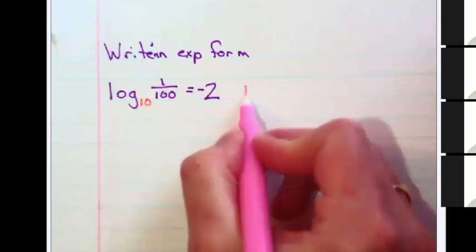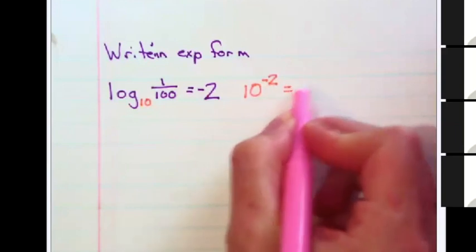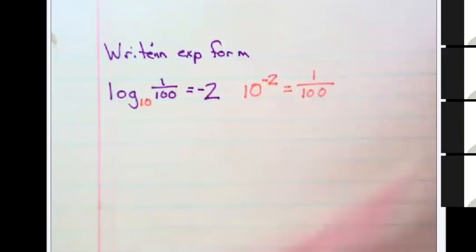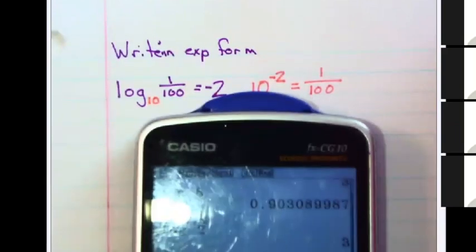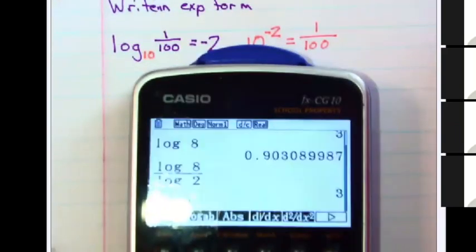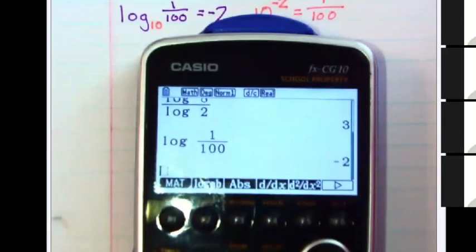So base, exponent, answer. Now we could type both of these in and make sure that they work. If you type in log of 1/100, we get -2.